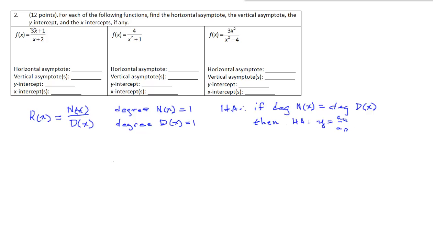And what I mean by this is you just look over here. It's just 3 over 1.